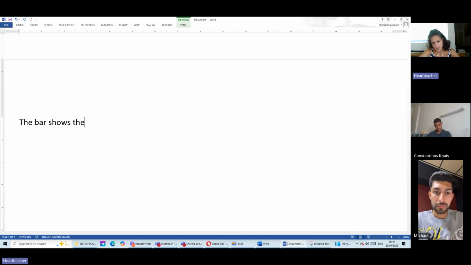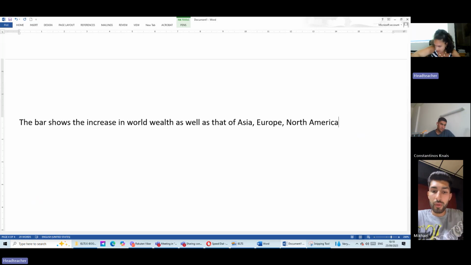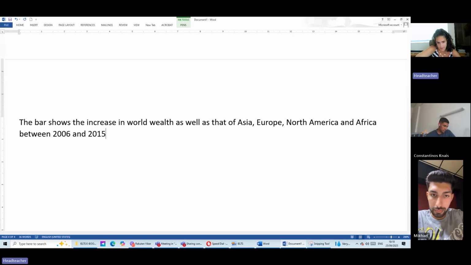So right, the bar graph shows the increase in world wealth as well as that of Asia, Europe, North America, and Africa between 2006 and 2005.